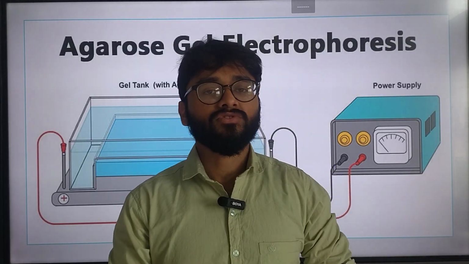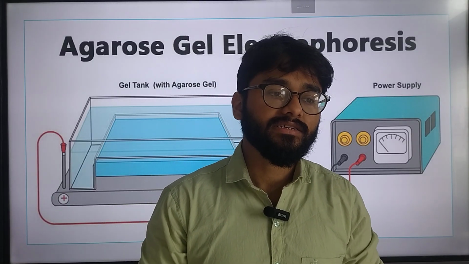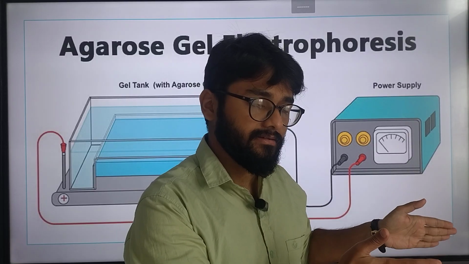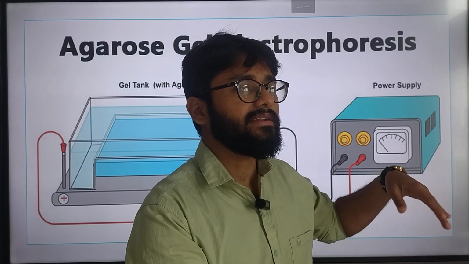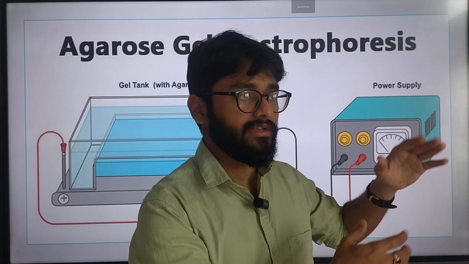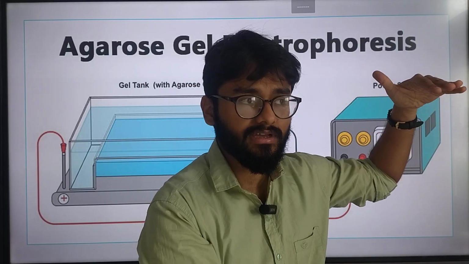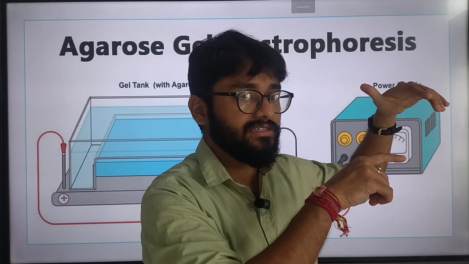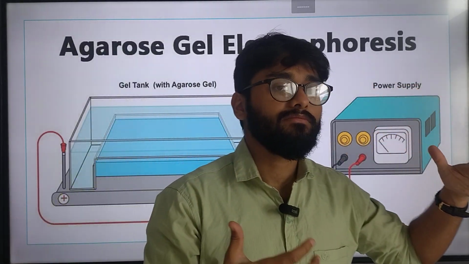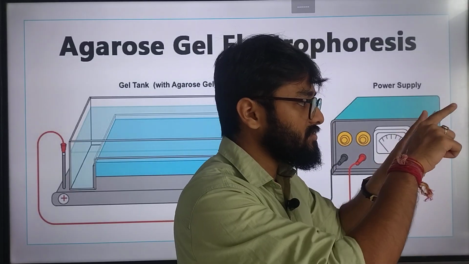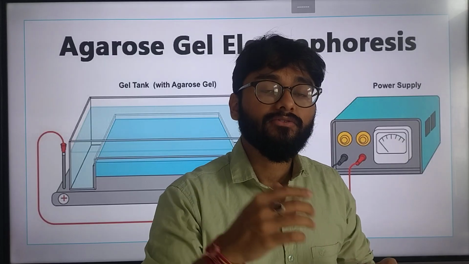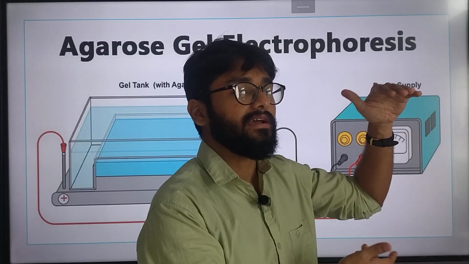This is mostly used where you have to measure against a predefined ladder. What is this ladder, you may ask? The ladder is nothing but a reference from which you match the sizes, because from the picture itself you will not be able to understand which fragment correlates to what size. For that reference we take the help of a ladder.